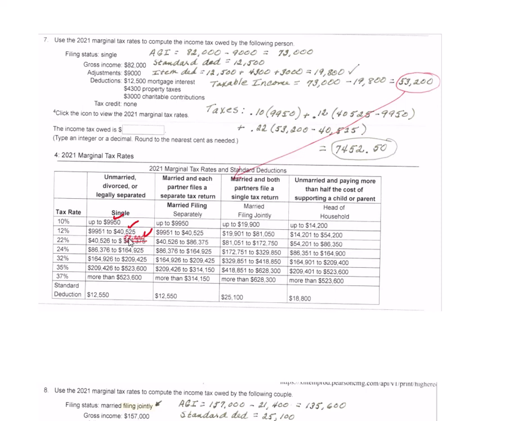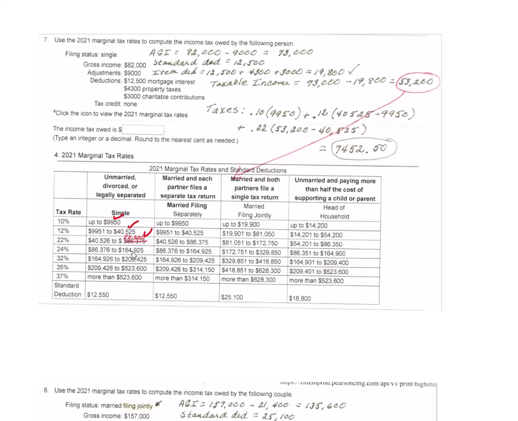So I wrote it right here. I will pay 10% on this amount. Here it is. I will pay 12% on 40,525 minus the 9,950. Remember, it's the big number minus the previous big number at this percent. Here it is.